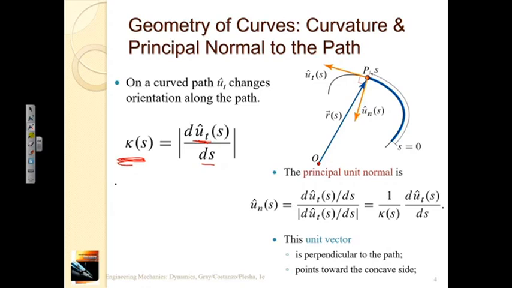So our normal direction, though, u hat n, is defined as 1 over the curvature times the change in the tangential direction over the path. All right.